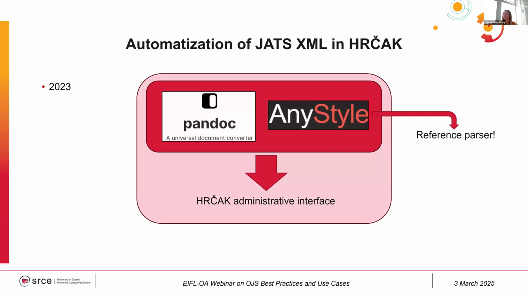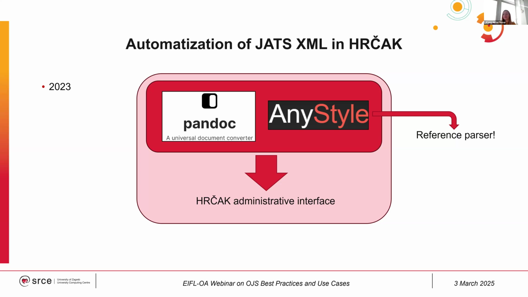So in 2023, 5 years later, Jertec introduced automated conversion features for JATS, but those features were fully integrated into the Hrčak administrative interface, which means that they were exclusively available for Croatian journals that publish in Hrčak.